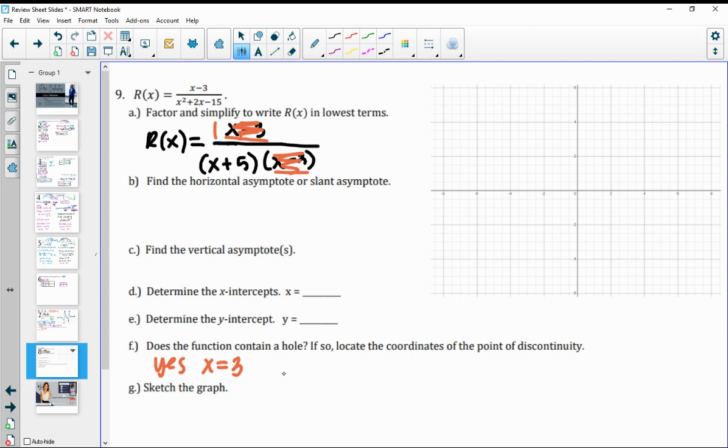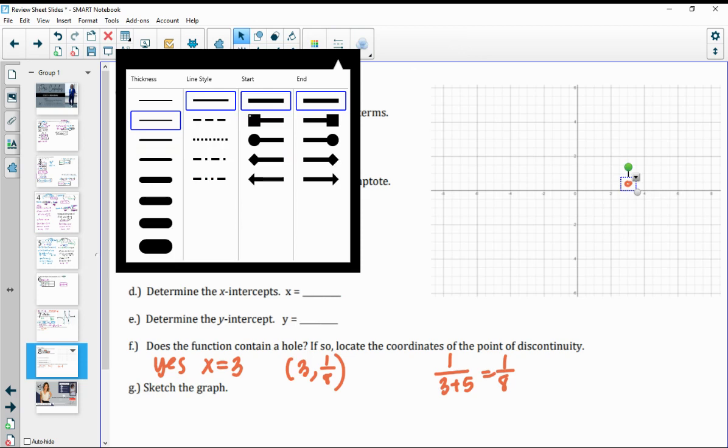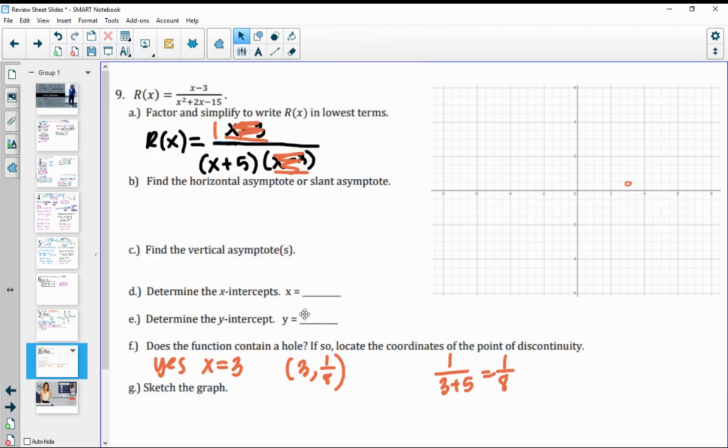So when you go to figure out the coordinates of the hole, you plug the 3 into the 1 over x plus 5. So then we'll go 1 over x, which was 3, plus 5. So that's 1/8. So the y value is 1/8. So 3, 1/8 is a hole. So there's going to be a hole right about there. And I can probably make this skinnier so we can see that I actually did a hole there. Okay, so there's your hole.